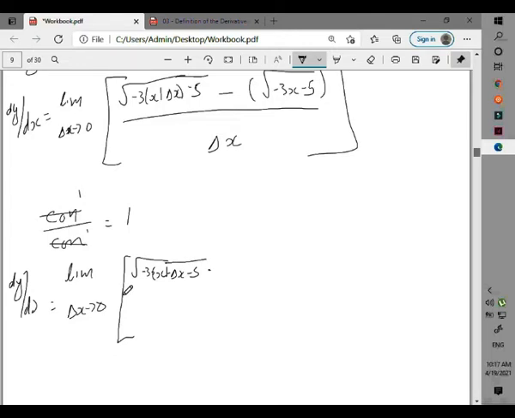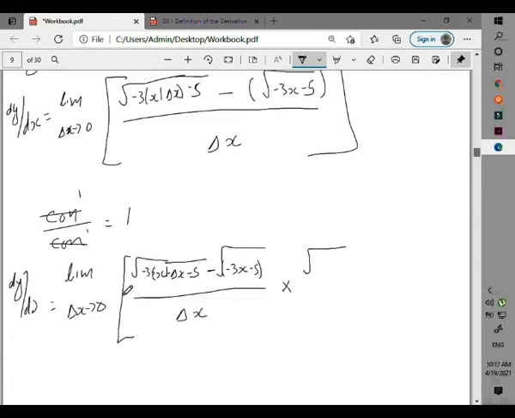Okay, minus a minus 3x minus 5, which is all, of course, rooted, and this is over delta x, which is going to be multiplied now by the conjugate of this. So what you do is very simple.